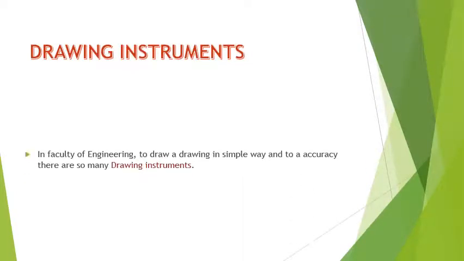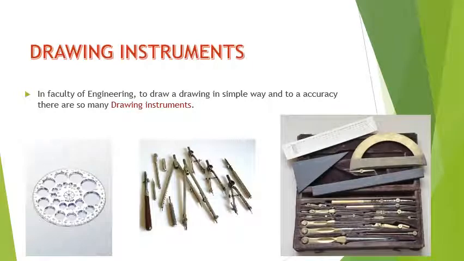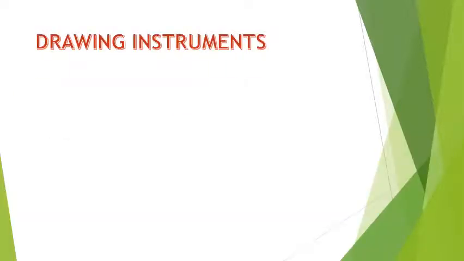Drawing instruments. In the faculty of engineering, to draw a drawing in a simple way and with accuracy, there are so many drawing instruments used. Now we will discuss some drawing instruments.